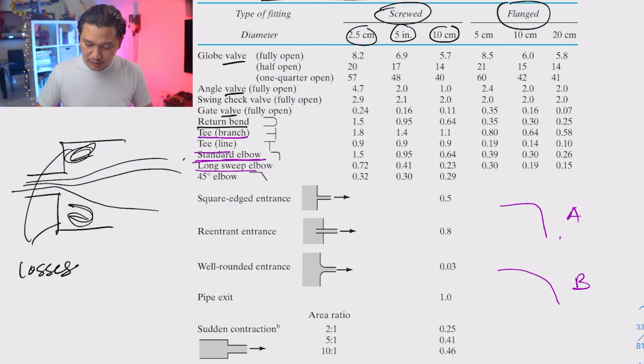Of course, it's going to be A, because the flow has to turn a lot. That is why, if you notice, let's take an example of a 10 centimeter pipe. For the standard elbow, K is 0.64, and for the long sweep elbow, K is only 0.23.